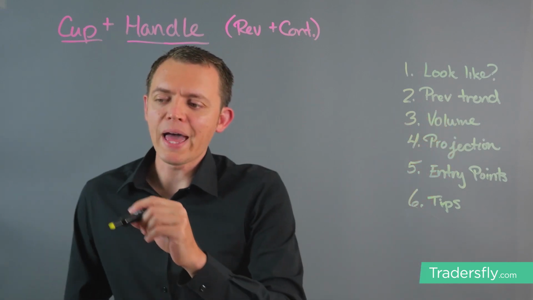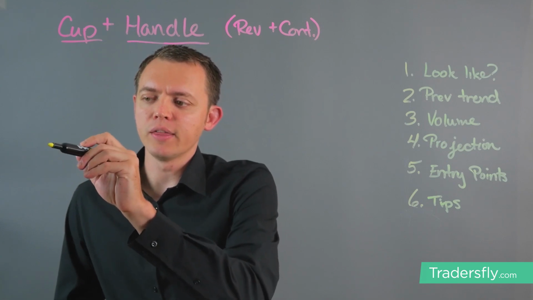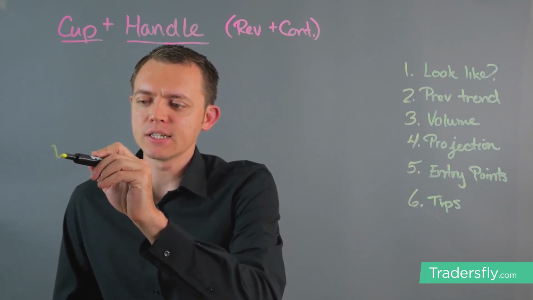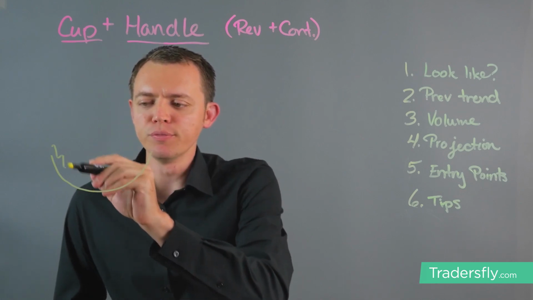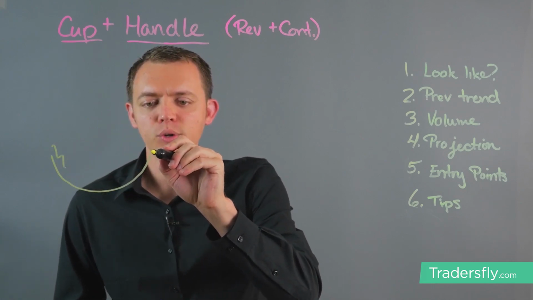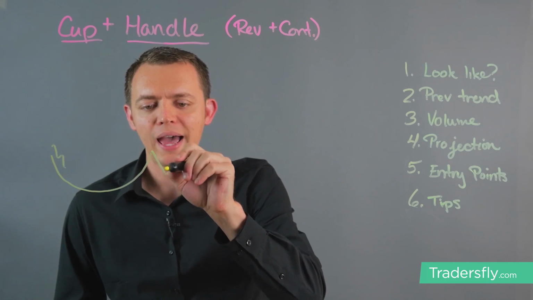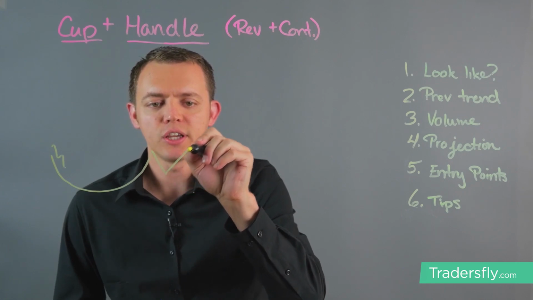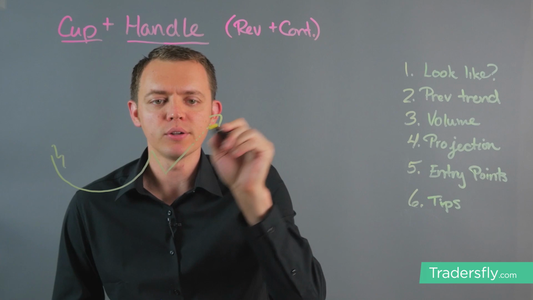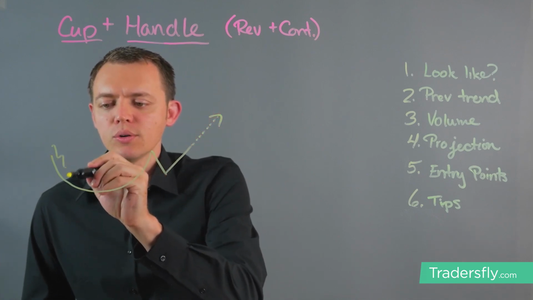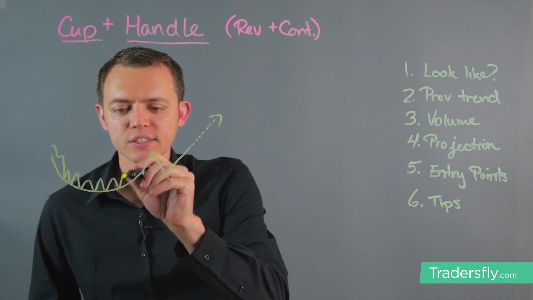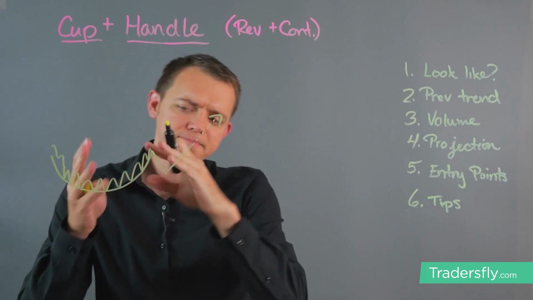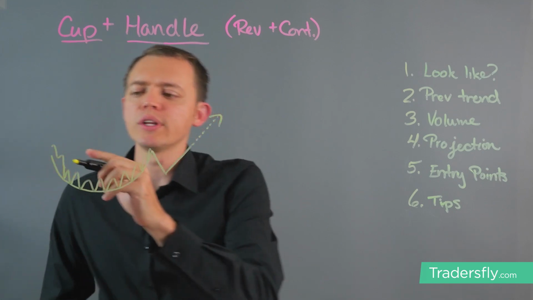So overall, if you're looking at the bars, the pattern creates this rounding movement in a stock. Then it'll pull back slightly, then eventually break out into higher prices. If you're looking at this on a tick basis, you'll get a movement that's a little bit up and down, but it's rounding the bottom.